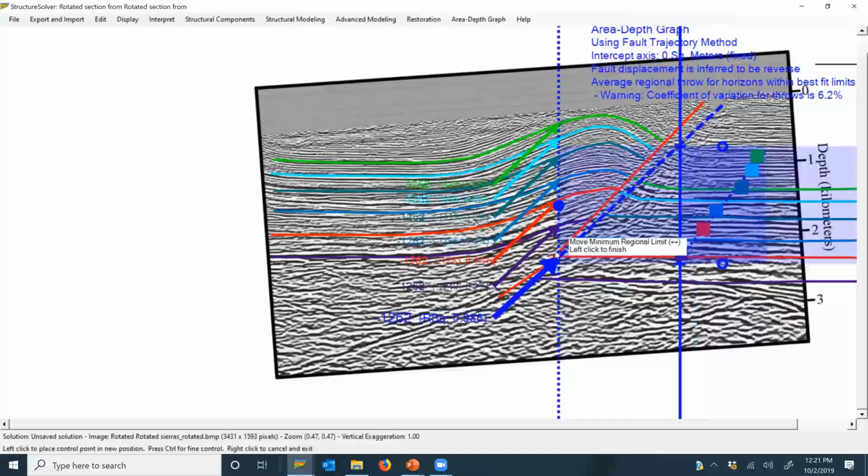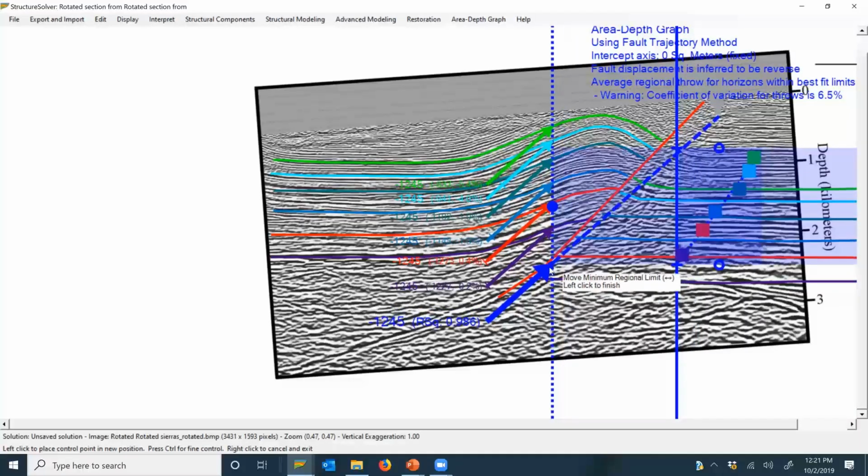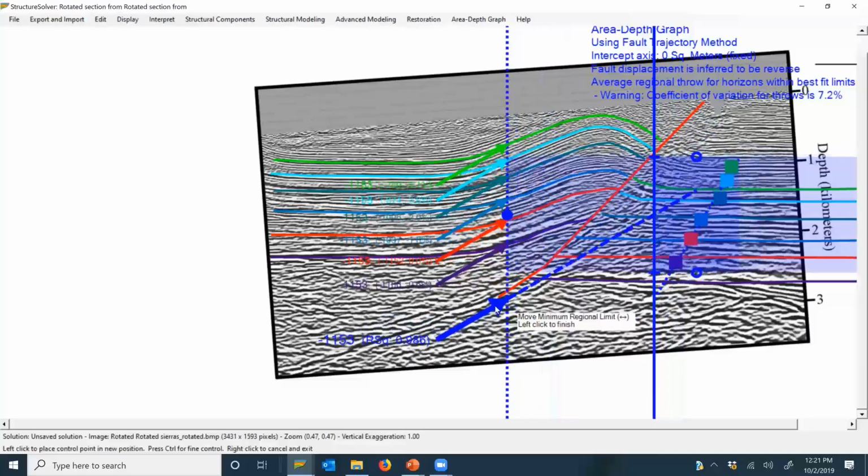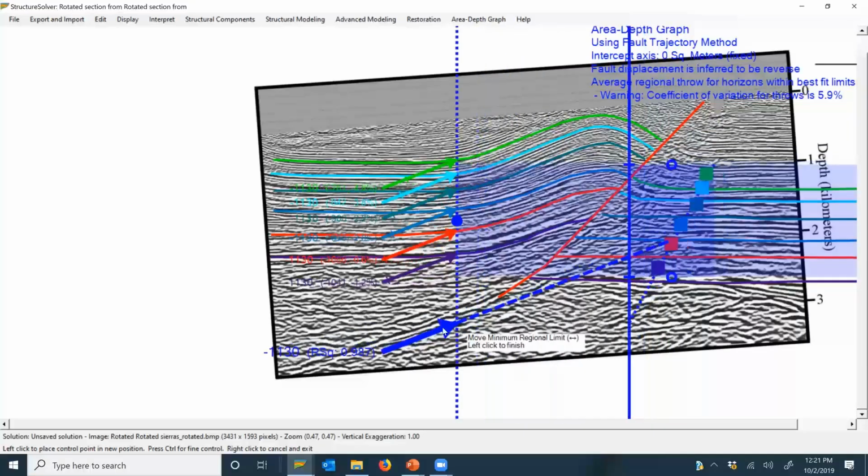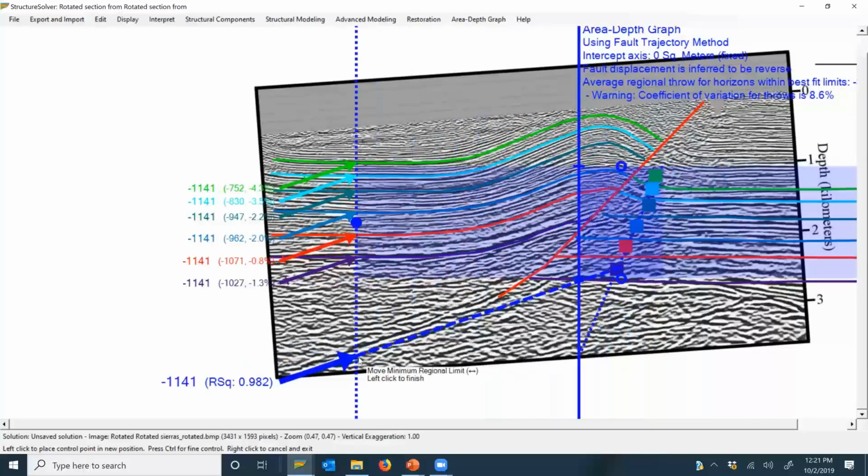But as I change those analysis limits, the computed fault depth as well as the dip, which is being computed right at that point, changes depth and dip. The dashed line here is really just the projected extension of the fault into the structure.